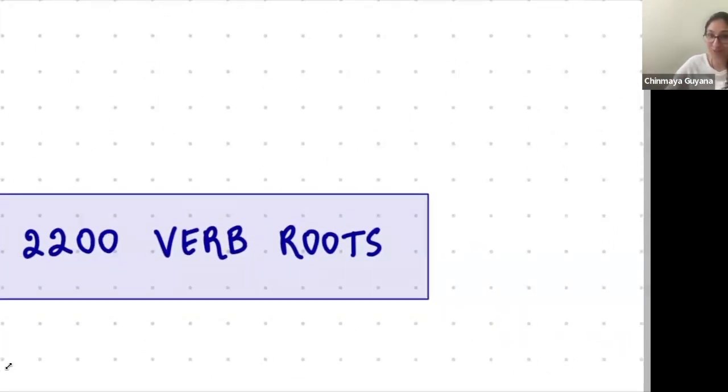Now, one last really cool thing I'll tell you about verb roots for now is that these verb roots, when I say they're the basic component of the language, I literally mean it. Most of the words that you will find in Sanskrit vocabulary are primarily made by using these verb roots.